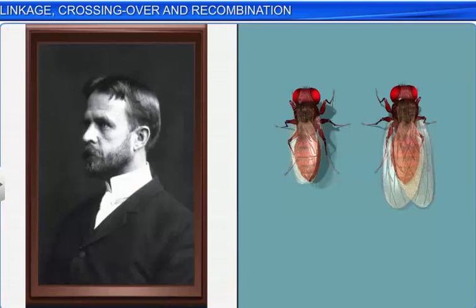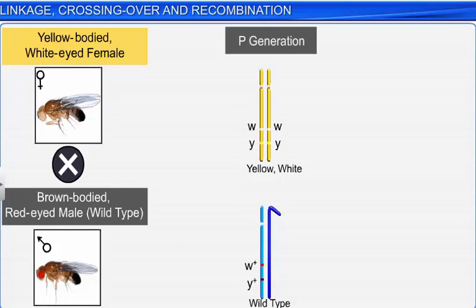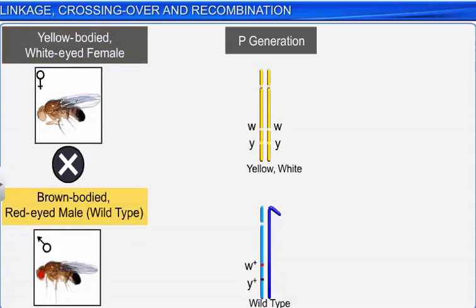Morgan carried out several dihybrid cross experiments with Drosophila to study sex-linked genes. For example, he crossed yellow-bodied, white-eyed females with the genotype yw with brown-bodied, red-eyed males with the genotype y+ and w+ to produce the F1 generation.